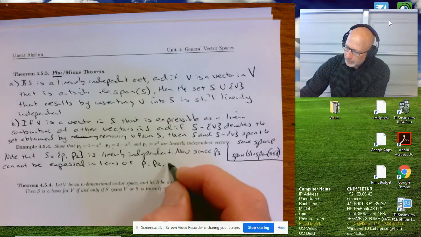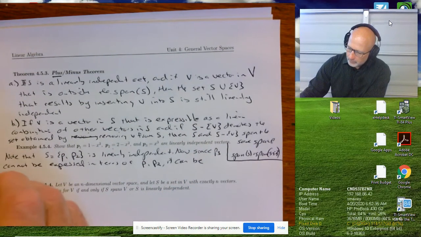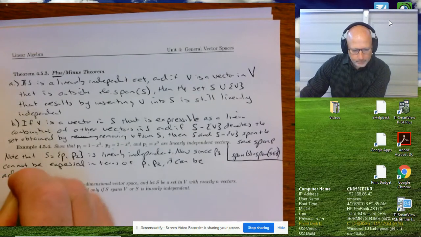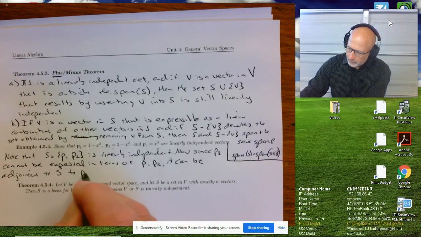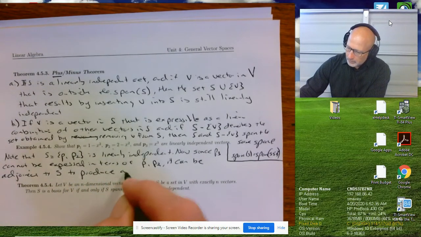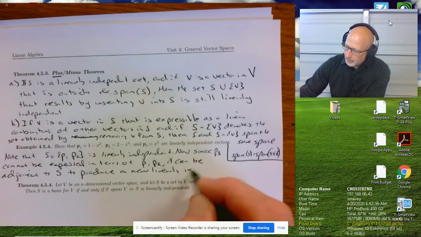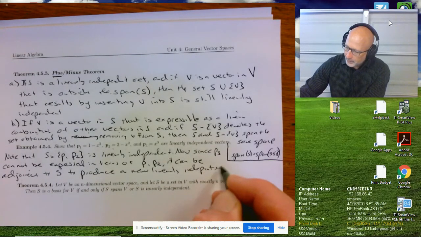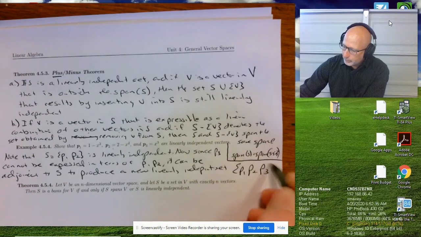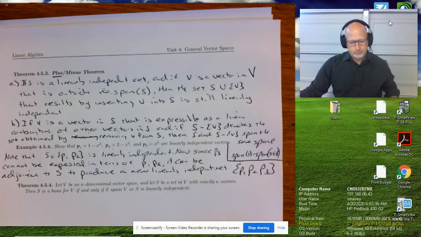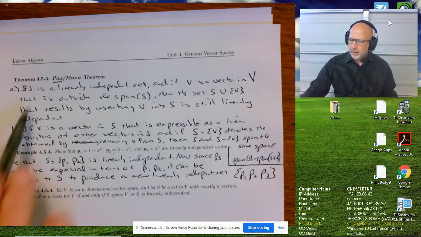It can be adjoined to S to produce a new linearly independent set, P1, P2, and P3. Okay, that's all A is stating up there.